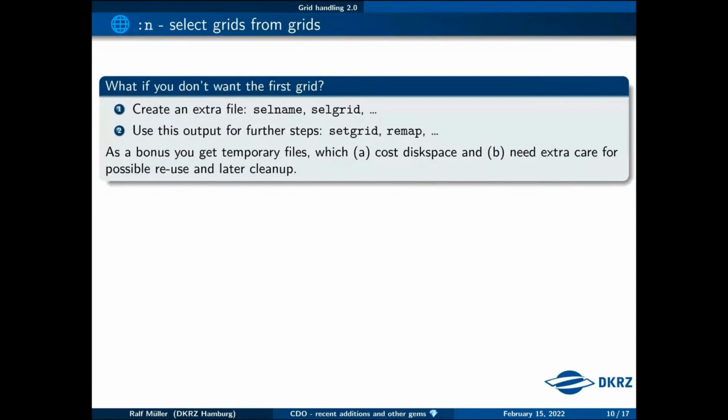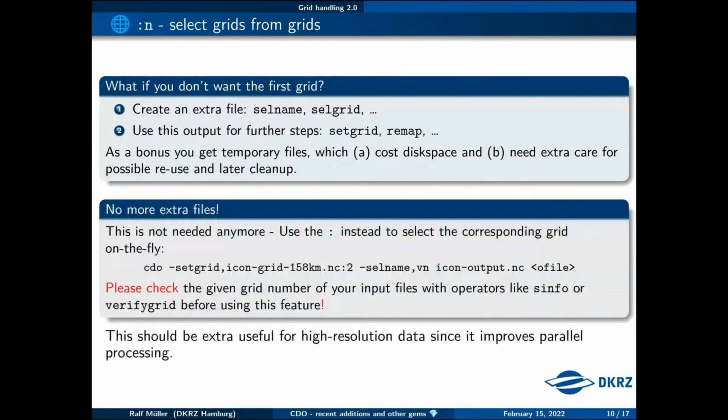So now, or since a couple of releases actually, you can use the colon with the ID to select the grids on the fly. Like in this example, you select the second grid of this ICON grid, which, as I showed you before, is the edge grid.